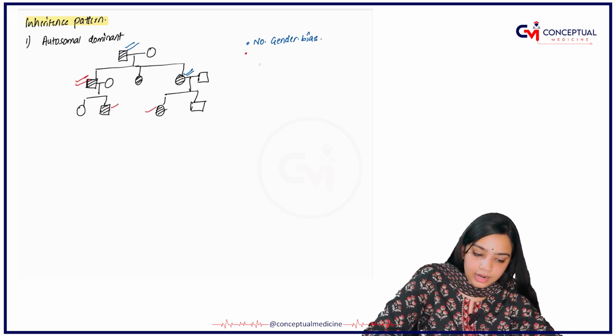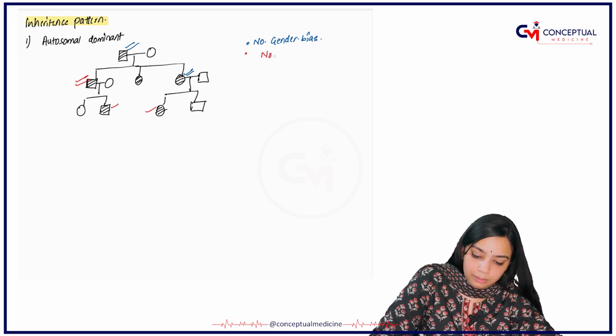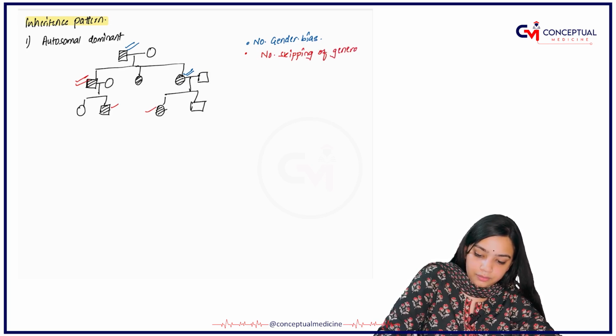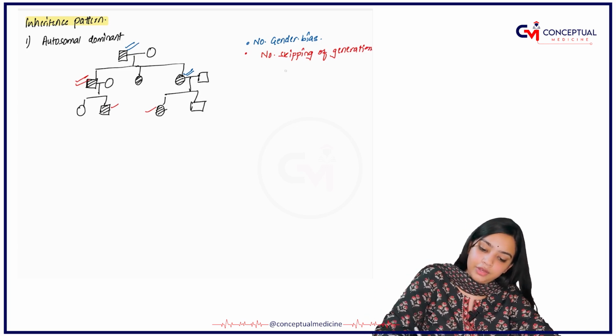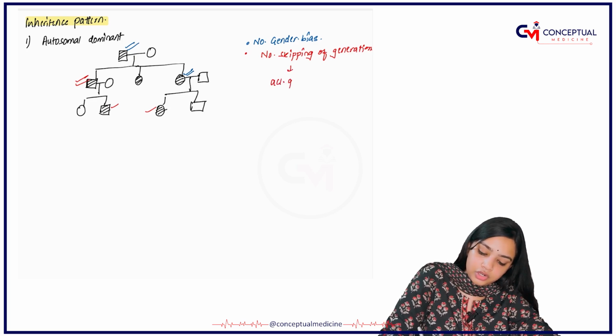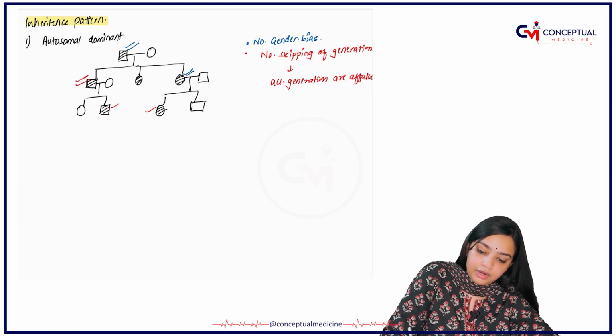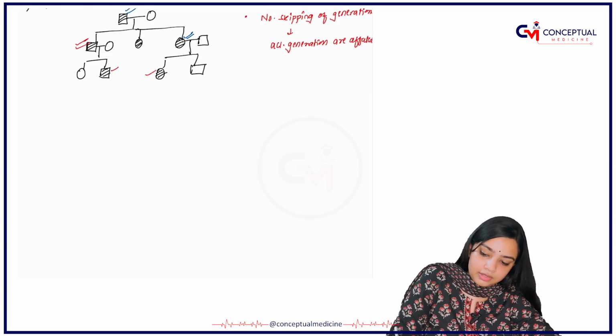So this means that there is no skipping of generation, which means all generations are affected. Next that you have is about the autosomal recessive.